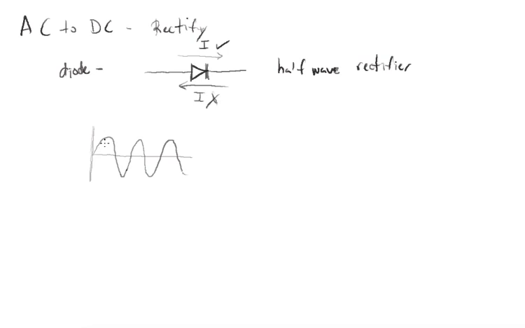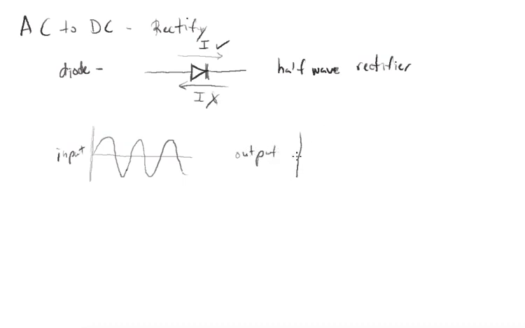What's going to happen is, let's say we have the diode in such a way that this positive current here, that can go through, but none of this negative can. So this is our normal signal, right? This would be our input. What would we get after that diode, after that half wave rectifier? What would the output be?